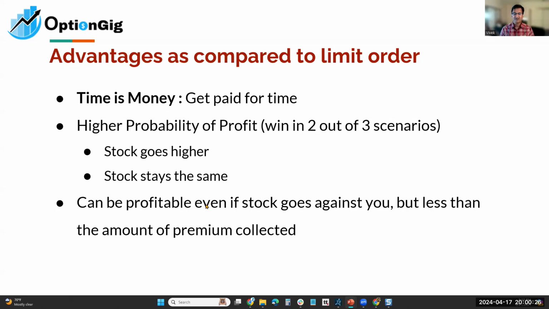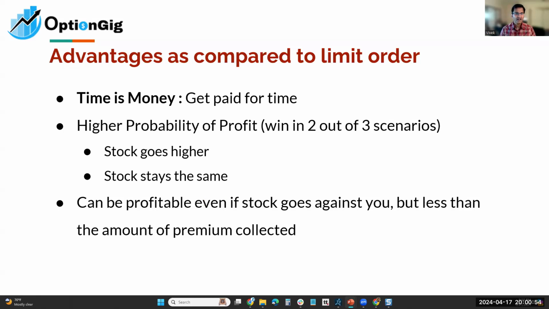So as long as the stock is above 58, it doesn't go below 58, you are at break even. So your break even is now $58. That $200 is giving you a cushion in case the stock corrects. So even if the stock goes against you, you can still be profitable.